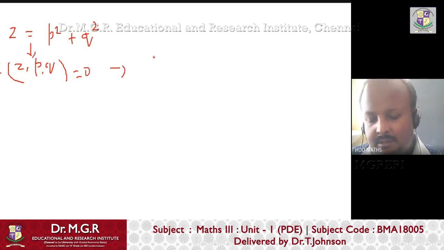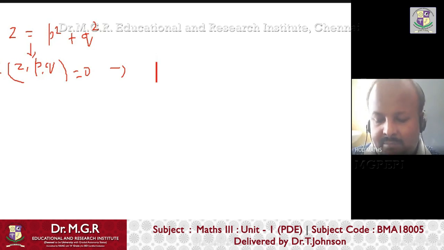As per the theory, it is a function of z, p and q. So it is like this format. So this implies it is type 3.